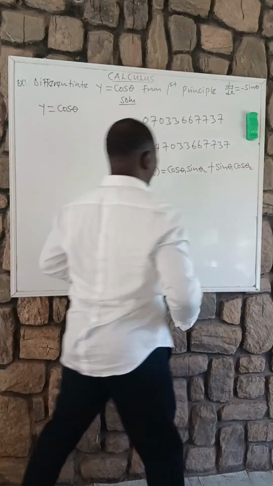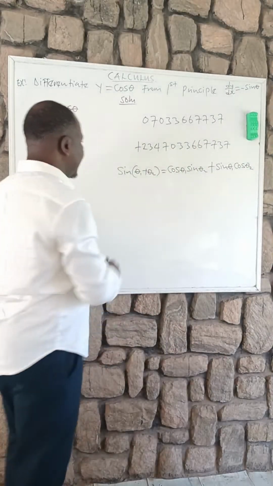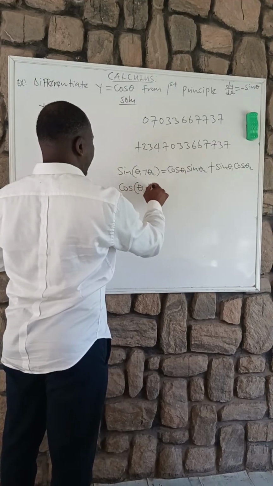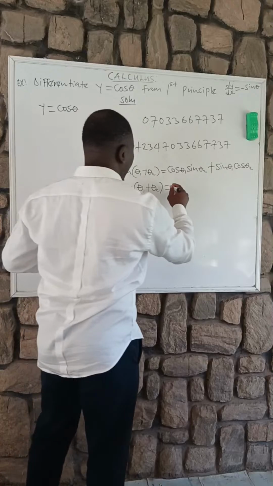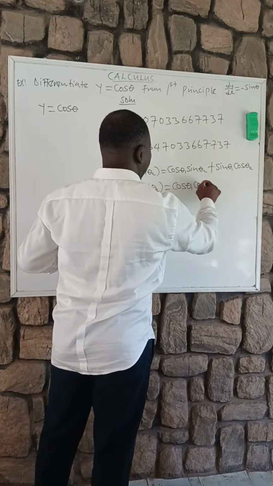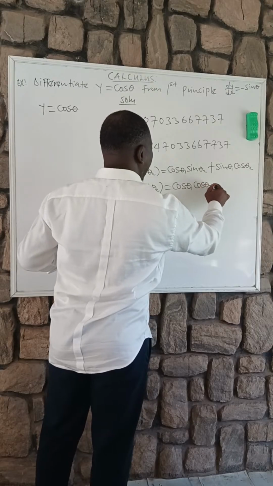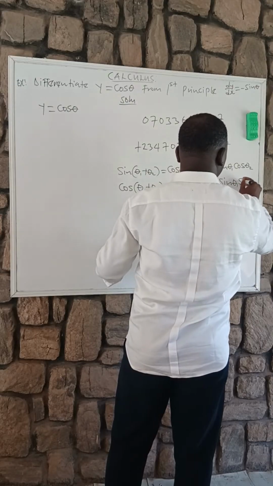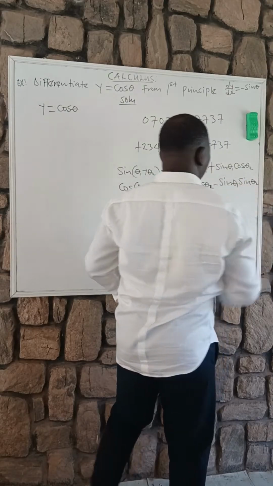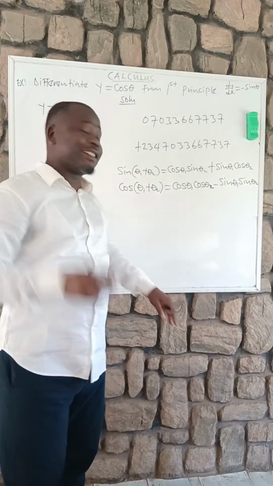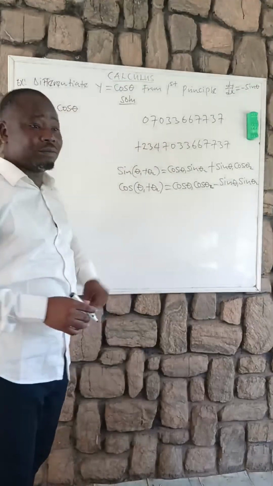True or false? Then likewise, cos(theta 1 plus theta 2) is equal to cos theta 1 cos theta 2 minus sin theta 1 times sin theta 2. I want us to take note briefly on this. Otherwise, we won't be able to solve this from first principle. Is that clear?